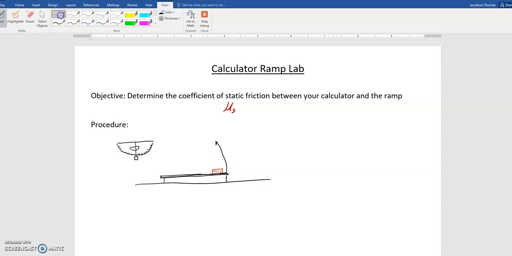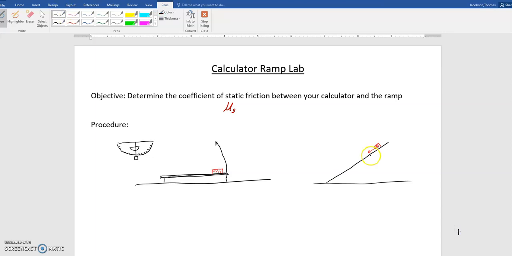I'll draw this over here on the right. So here's your tabletop, and then you're going to be raising up your track like that, raising it up to a height where the calculator just begins to slide down the track.